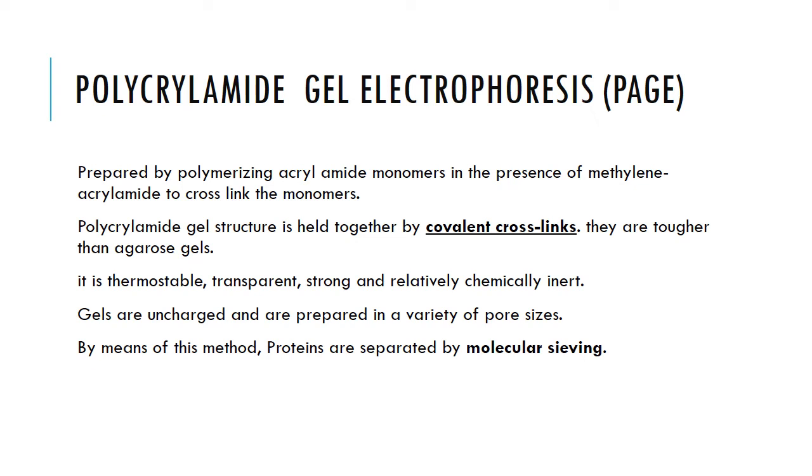It is thermostable, transparent, strong, and relatively chemically inert. These are some of the benefits when someone asks why you prefer using polyacrylamide gel electrophoresis compared to the agarose gel, so you can tackle these things.